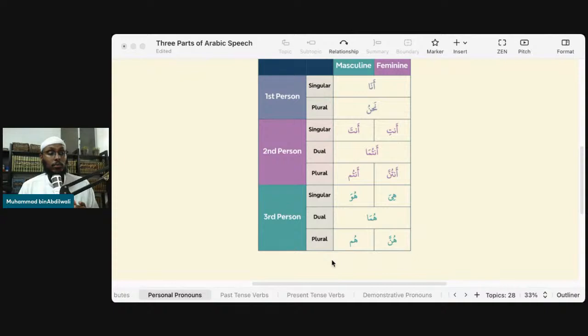Imagine a husband comes home and says to his son, let's say his son is called Ibrahim, and he walks in and says, I missed Ibrahim. Imagine that. Or imagine he walks in and says to his wife, I missed Ibrahim.